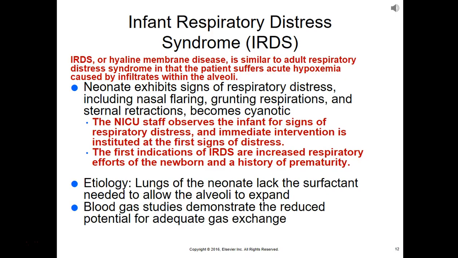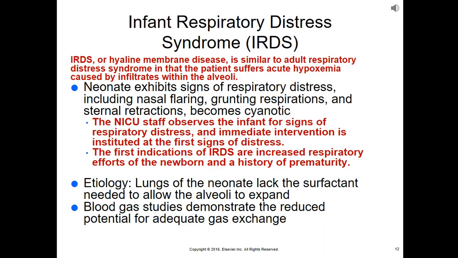The first indications of IRDS are increased respiratory efforts of the newborn and a history of prematurity. The etiology for IRDS includes lungs of the neonate that lack surfactant needed to allow the alveoli to expand. So the way that this works is this surfactant is kind of like a lubricant. And the lubricant allows those alveoli to stay pliable.